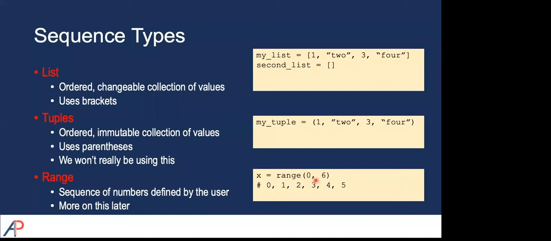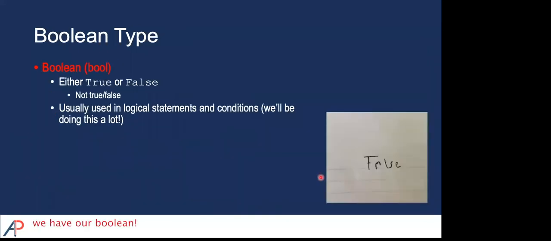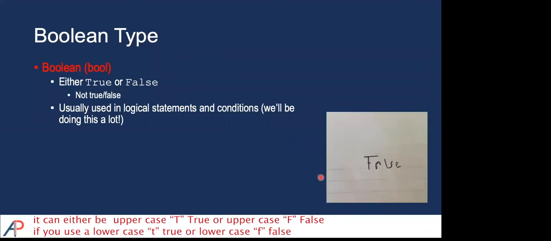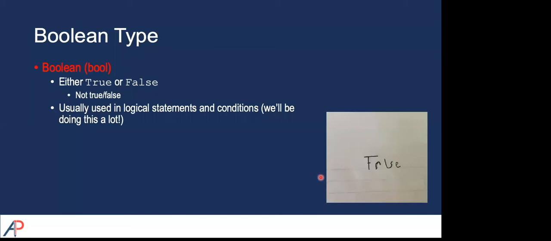So the first number is inclusive, the second number is not inclusive. So it will go up to, but not include the last number. And finally, we have our Boolean type. Lowercase t true or lowercase f false. You're probably going to get an error.